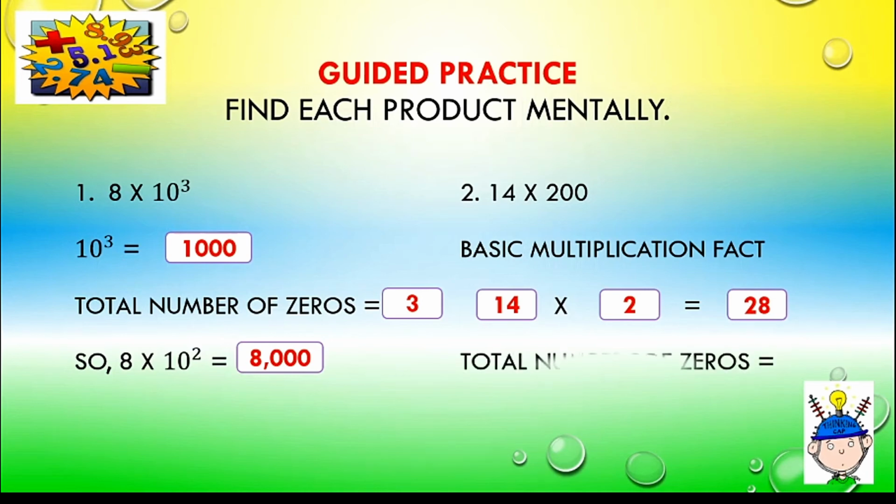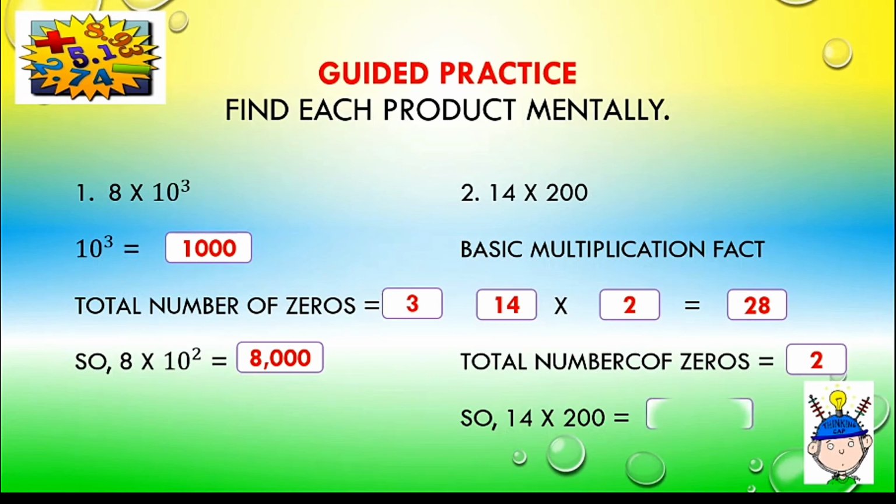Next, let's count how many zeros. So there are 2 zeros. And after that one, 14 times 2, 28, and copy the 2 zeros. The answer is 2,800. Do I make myself clear?